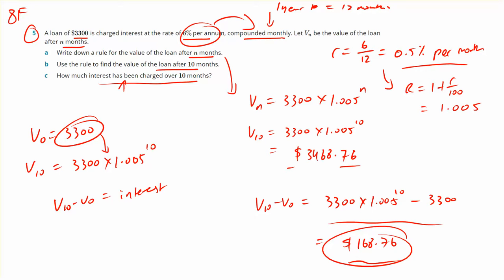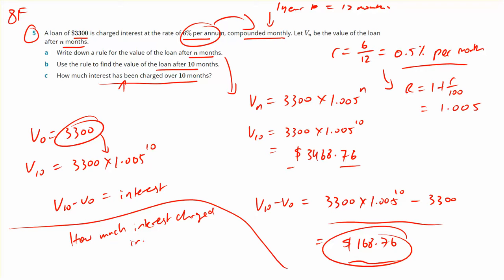Now, hypothetically, what if it asked me how much interest was charged in the 9th month? All you need to do is subtract the value of the 8th month from the value of the 9th month, and the difference is the interest you earned in the 9th month.